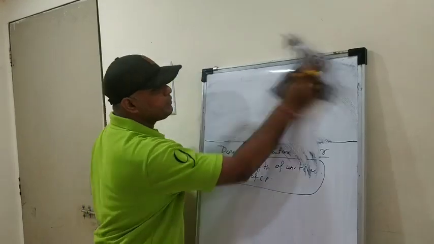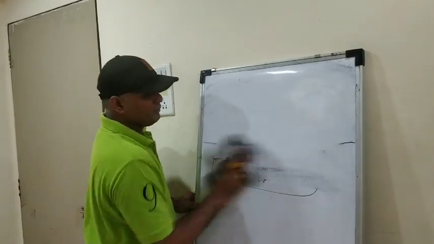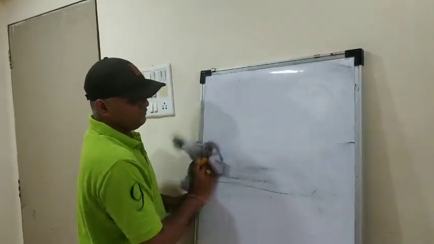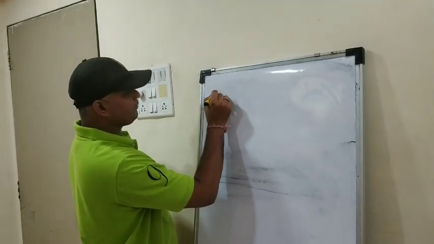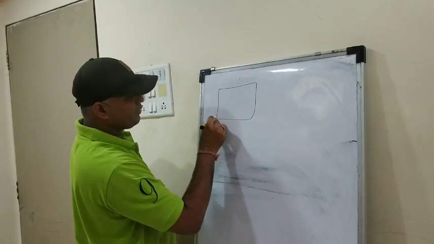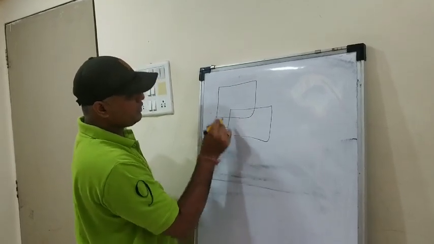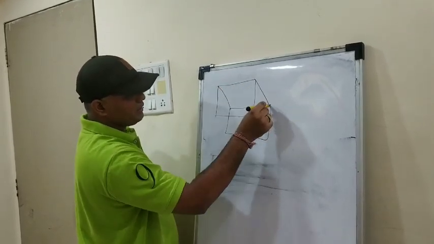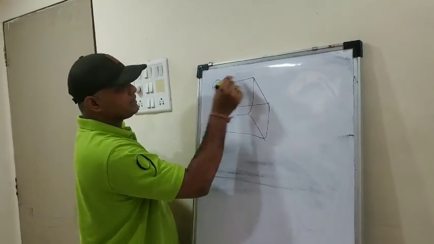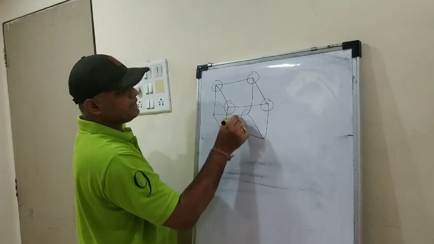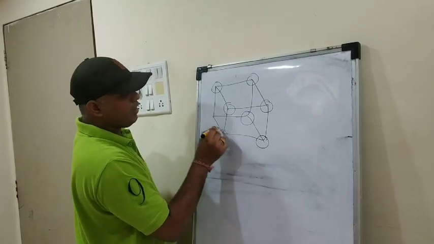First, I will explain with the example of a cubic lattice. We know that in this cubic lattice there are constituent particles which are held at the corners, right?